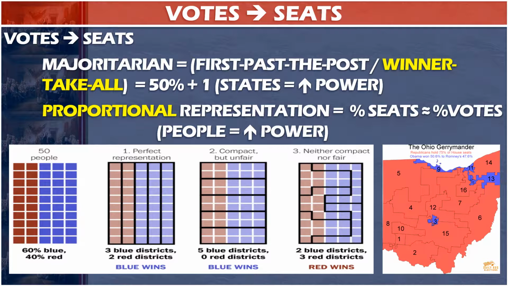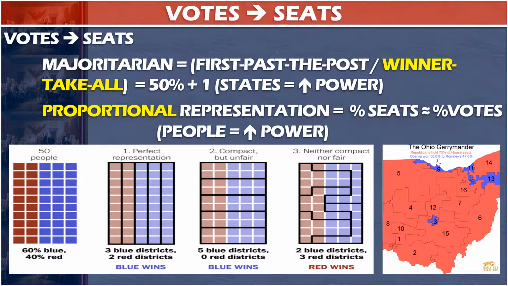In English-speaking countries, the idea of majority rule is very closely tied to their idea of democracy. This system is called majoritarian, but it sometimes goes by the name first past the post or winner take all. The idea is that you have geographically defined districts, and in these districts you select one representative. Whoever gets the majority of that district gets to choose the representative from that district.